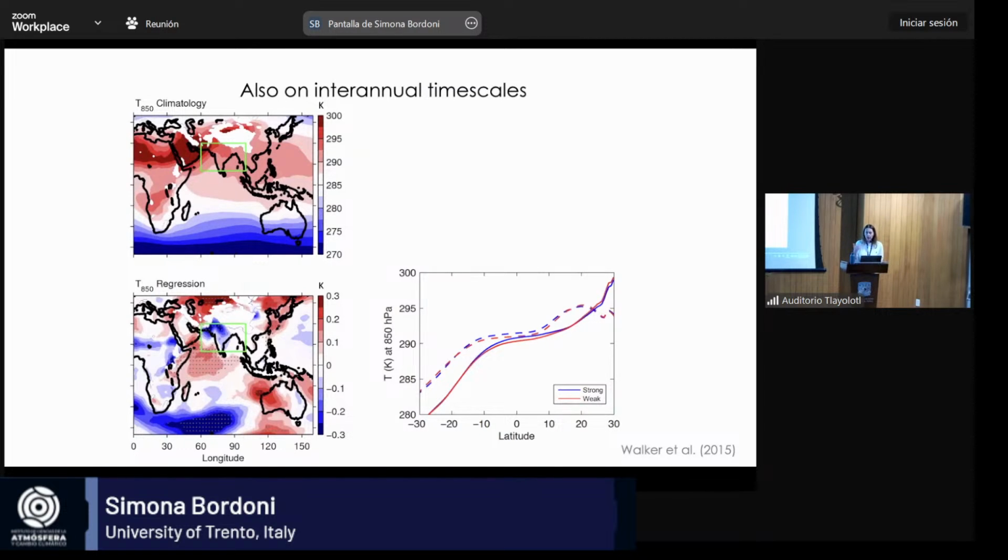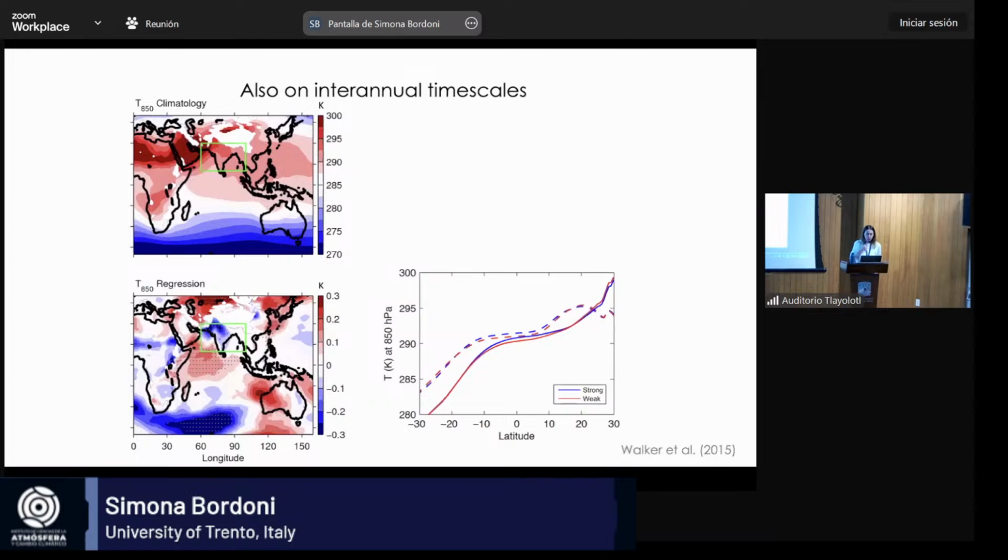And one might say, well, but we all know that this is a coupled system. So once it starts raining, you get evaporation from the surface, cloud masking the insolation. And yet, if we look at the spring before, the spring preceding a strong monsoon year, we still do not see any evidence of a stronger meridional temperature gradient.